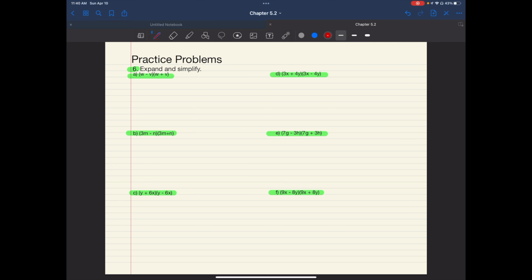So, same thing here. w squared minus v squared. 9m squared minus n squared. y squared minus 36x squared. 9x squared minus 16y squared, 49g squared minus 9h squared, and 81x squared minus 64y squared.